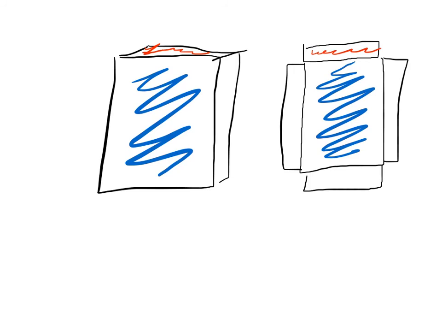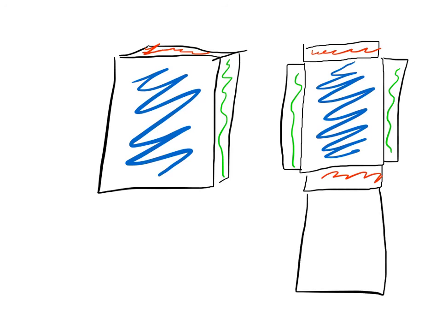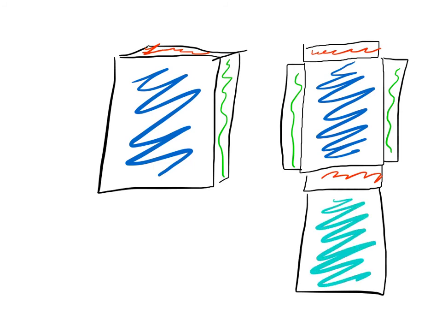I'll put those there, and again I can use a little color here, green, so the green would be the side. The bottom I want to match it to the top, so that's red. So I'll make that red here. And then the last part is the back side. So if I kept it all connected together, I would have to get the back side here. That would go down here. And I'll make that just maybe a little lighter blue to show it is the back side.